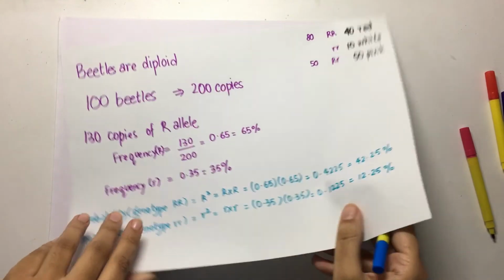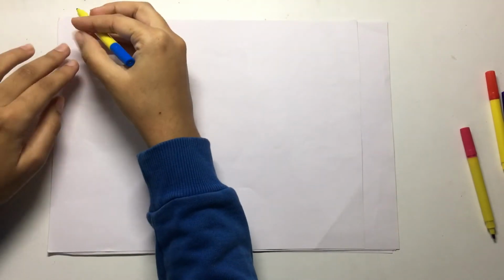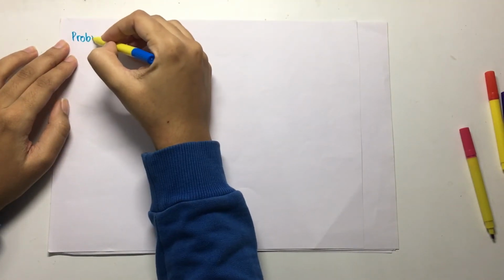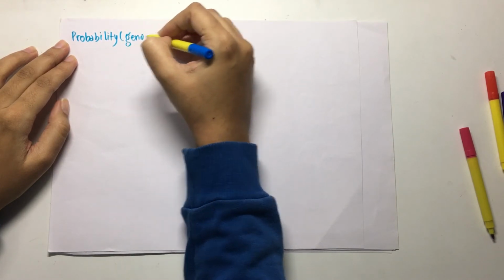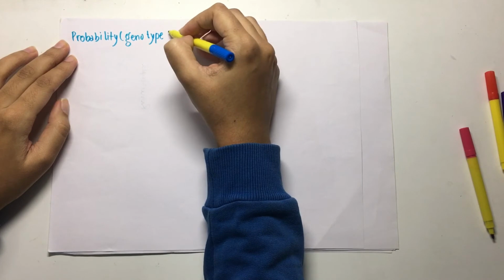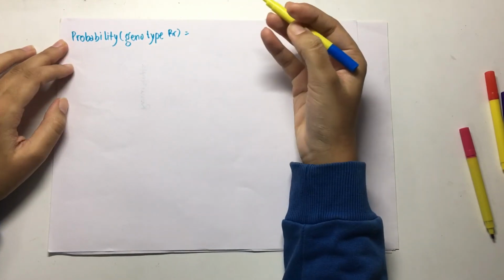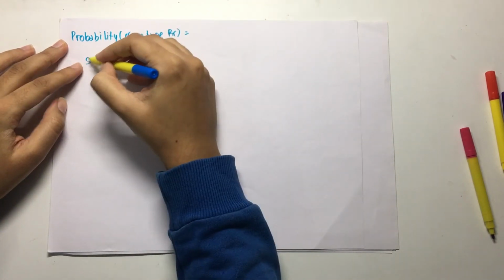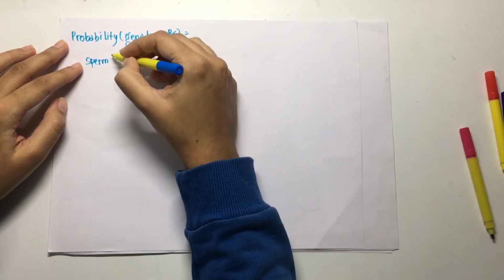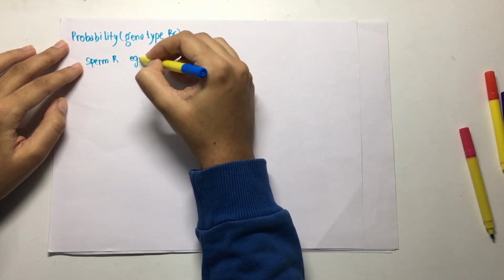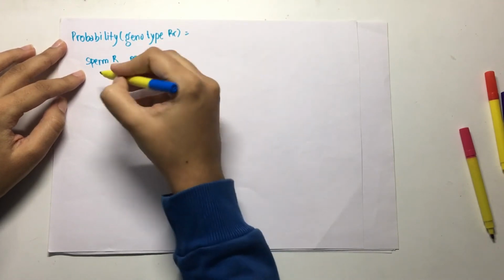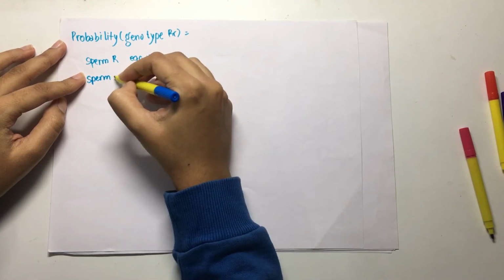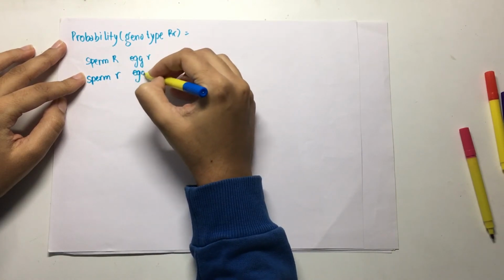Now the next one, that is the Rr heterozygote. This can occur in two ways. See, one way is if we get sperm which has big R and egg has small r allele, or the other combination which is possible is that sperm is small r and egg is big R allele.